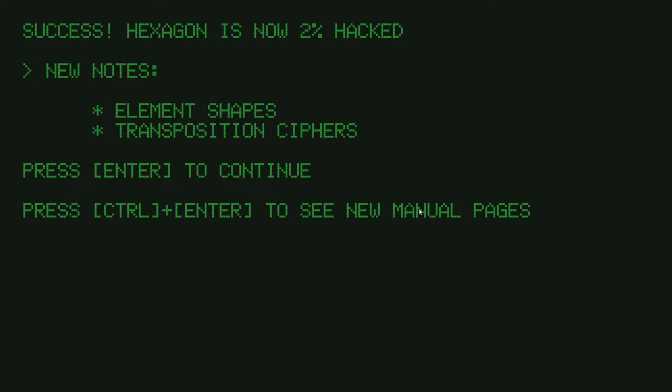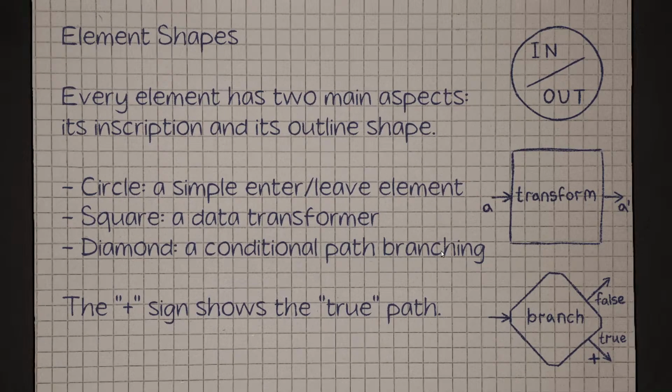When you finish the level, there is some statistics here, how much you completed the game. Also, keep in mind that you unlock new pages in the manual, and you probably want to read them, especially if you play the game for the first time. So if I press enter, I will just go back to the menu to select the new level. But if I press Ctrl plus enter, I'll get to the manual, and I will have an opportunity to read this.